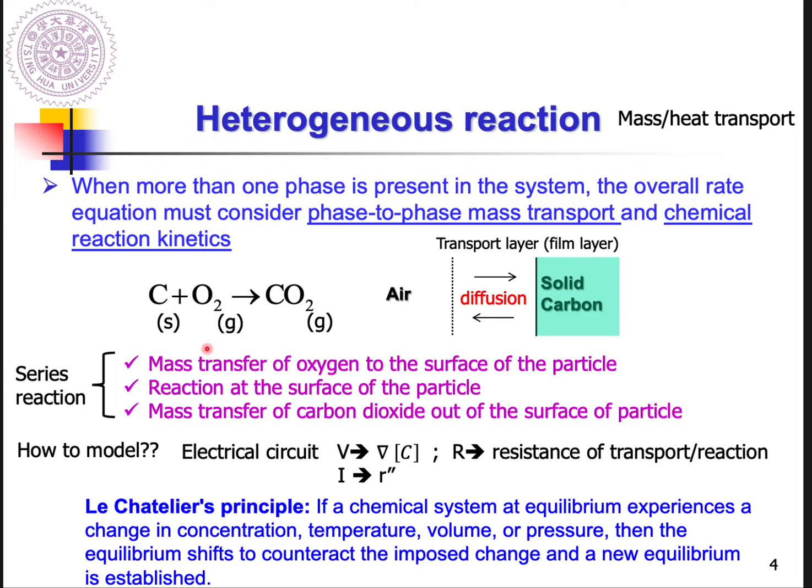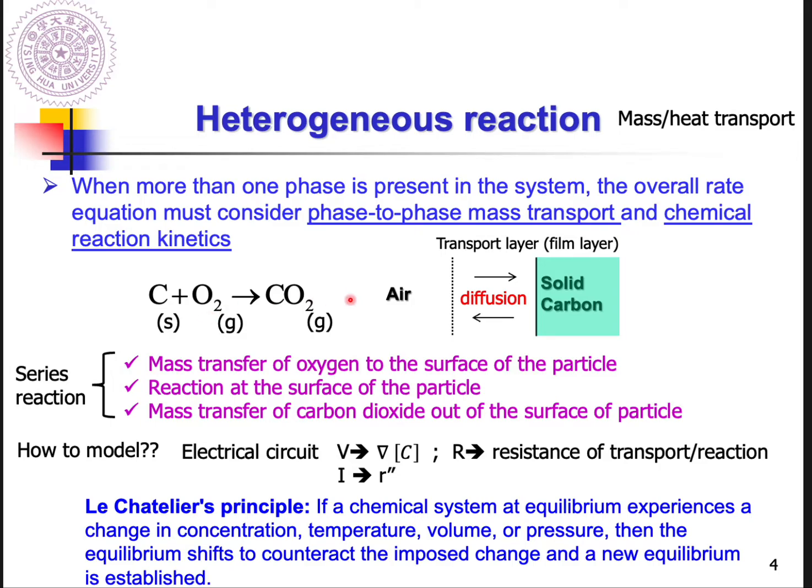For example, if we have a chemical equation where solid carbon reacts with gas oxygen, then generates the gas carbon dioxide. In this case, we know that this is a heterogeneous reaction because there are two phases involved in this chemical equation.